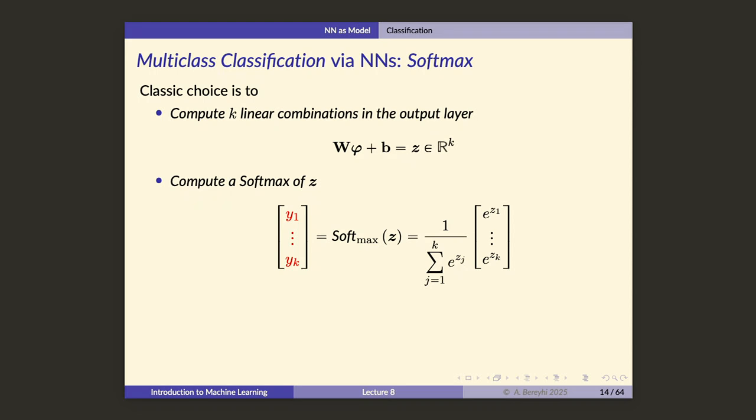What is y2? e^z2 divided by summation of e^zi over i, right? I can keep on going till the last one, e to power zk. What is this sum? It's 1 because the denominator is the same. The numerator, when you add up, is essentially the sum of all of those e to power z's. So it's going to add up to 1, right?